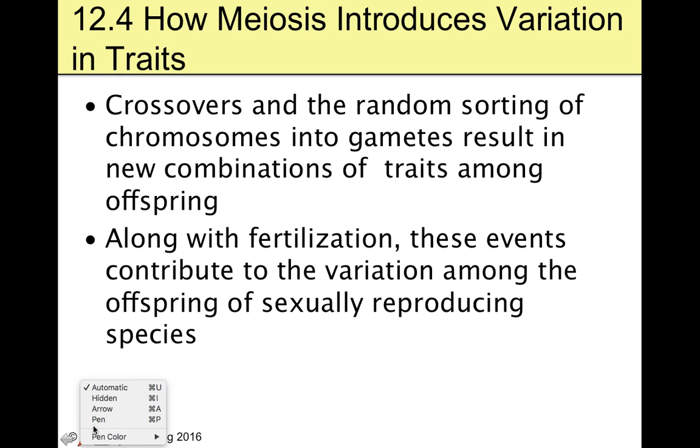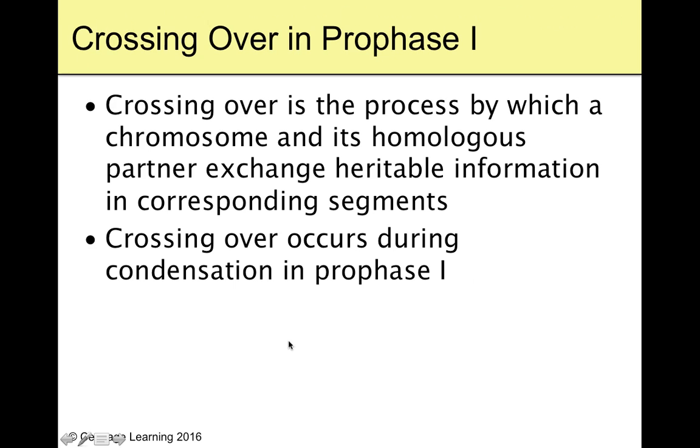Random sorting is a very important concept. And basically what it means is there's nothing that says that dad's chromosome 1 has to go one way and mom's chromosome 1 copy has to go another way. These get completely mixed up, and it's random. And so that's going to make a lot of diversity for our offspring. And along with fertilization, these contribute to variation among the offspring of our sexually reproducing species.